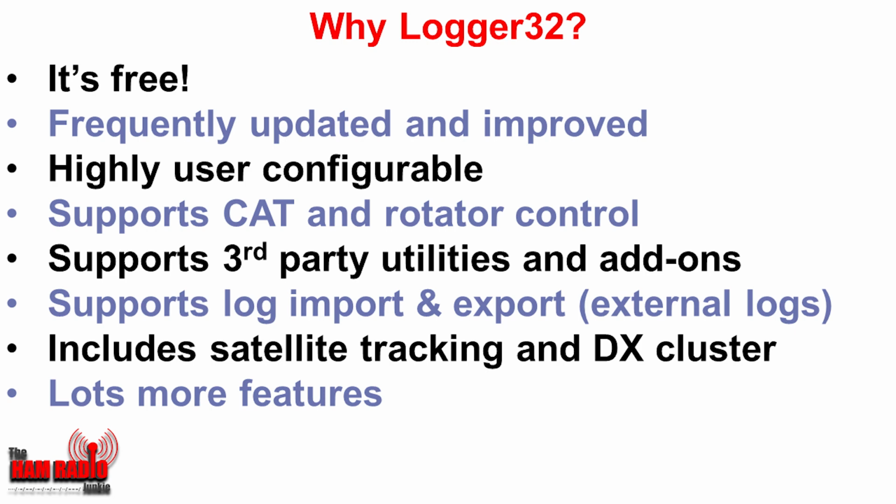It's highly user configurable, in other words you can set out the colours, how it looks on your screen and which functions you want. It supports CAT control to control your radio and rotators, supports third-party utilities and add-ons, and it also has facilities for logging satellites and DX clusters, along with many other features, and I'll show you those in a minute.